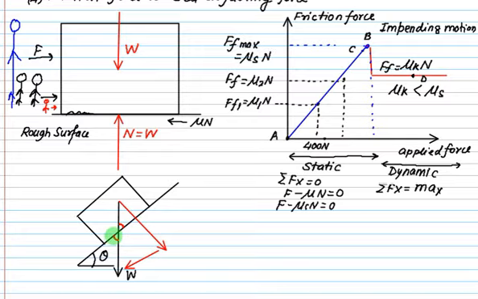Is it also 90 minus theta? And this one is 90? So is this angle the same as theta? Correct? This angle is theta. So this one is always equal to W cos theta, and this one is always W sin theta.